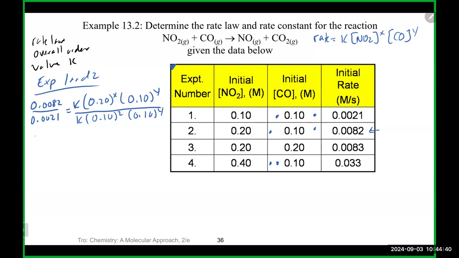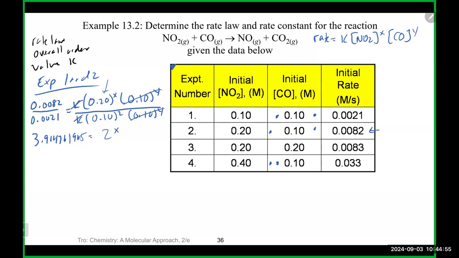We do get something like 3.90476. Equals, and this side should cancel. This should completely cancel, and this should give me 2 to the X.